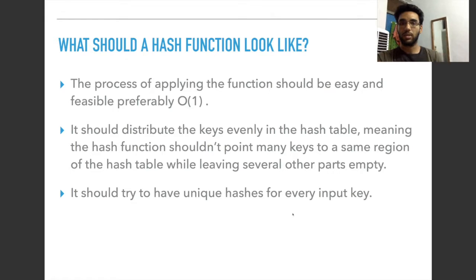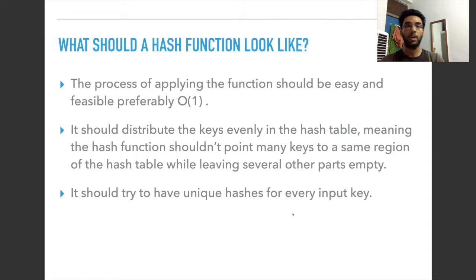Okay, so what are the desirable properties of a hash function? You would be applying this hash function on basically every key value. So this hash function has to be extremely fast, and preferably it should take a constant amount of time. It should be able to distribute the keys evenly in the hash table.